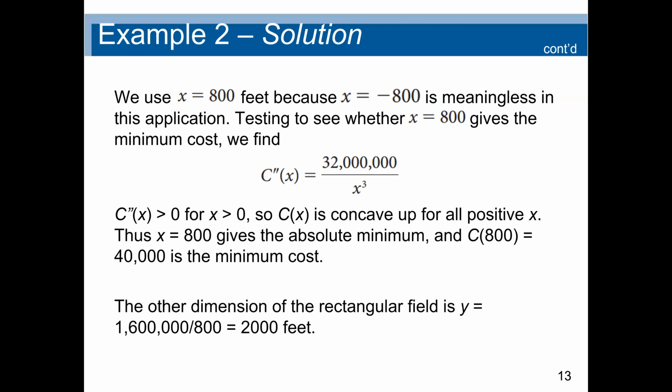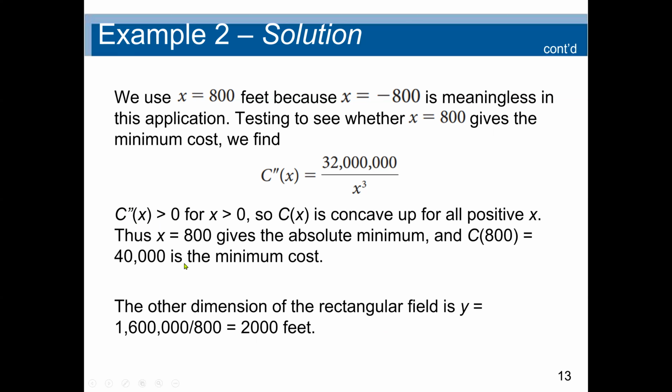If the answer is greater than 0, as we see here, then it's concave up, which means we have an absolute minimum value. If it's concave down, we have an absolute maximum. Concave down means the second derivative at x, whatever the x value is, in this case 800, should give a negative answer. Then we are concave down and we have an absolute maximum.